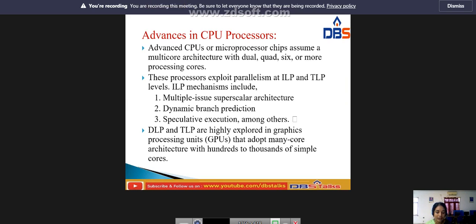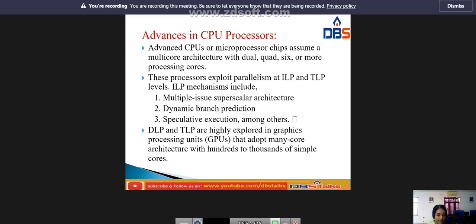Now coming to advances in CPU processors. Today advanced CPUs and microprocessor chips assume a multi-core architecture with dual, quad, 6 or more processing cores. These processors exploit parallelism at instruction level and task level.